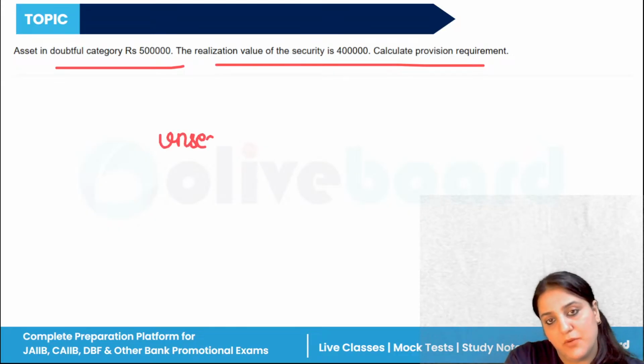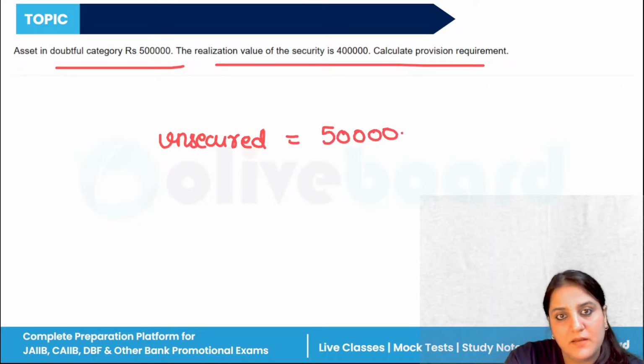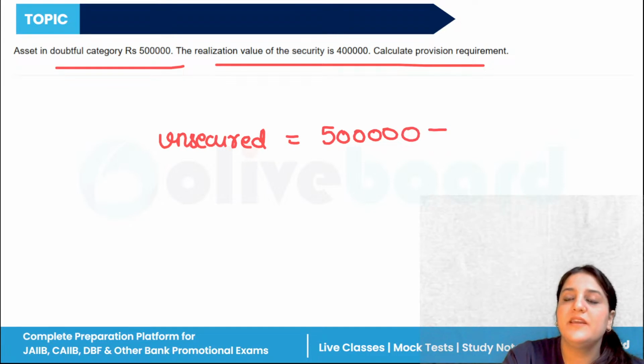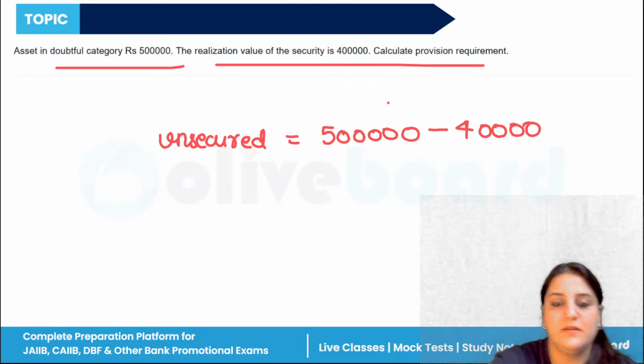If I talk about the unsecured one, see, a 5 lakh category is there, but there is an unsecured type of provision here.